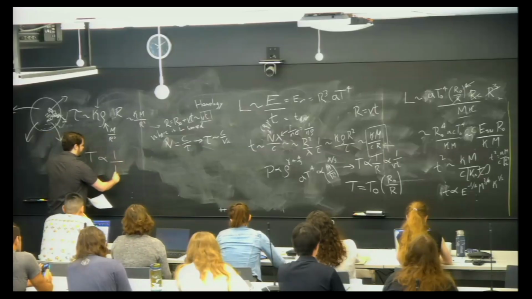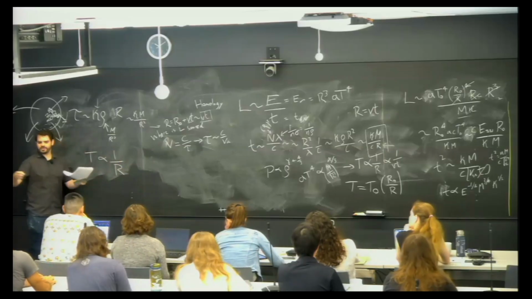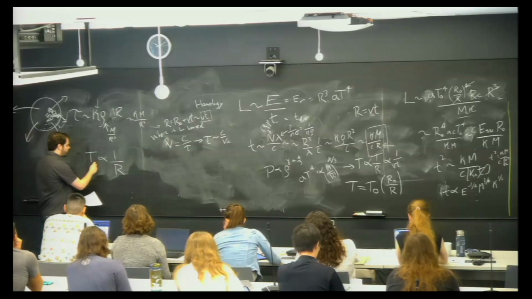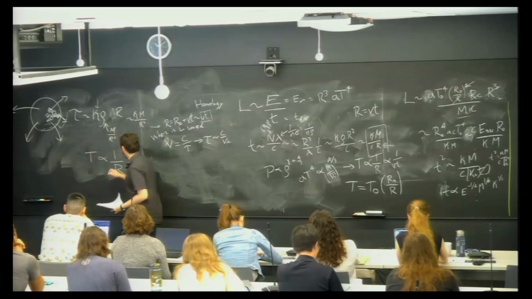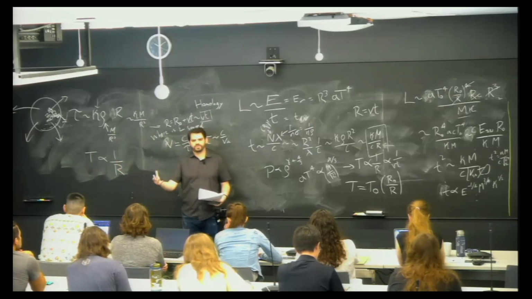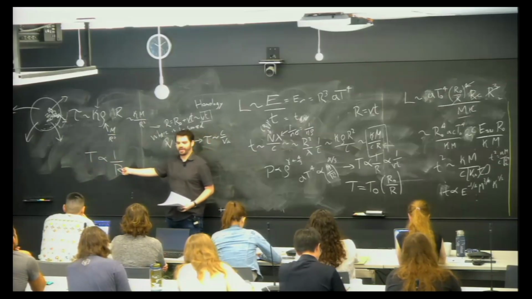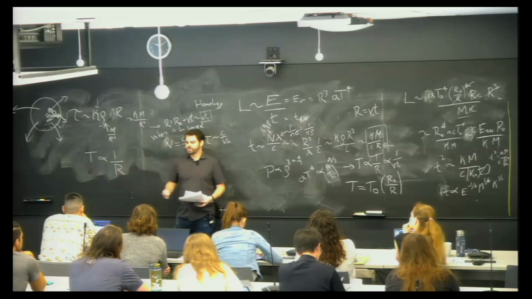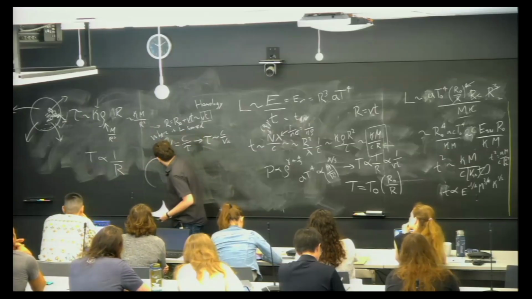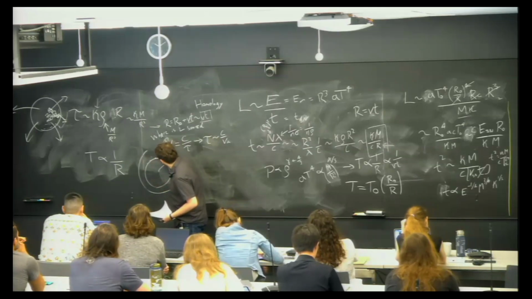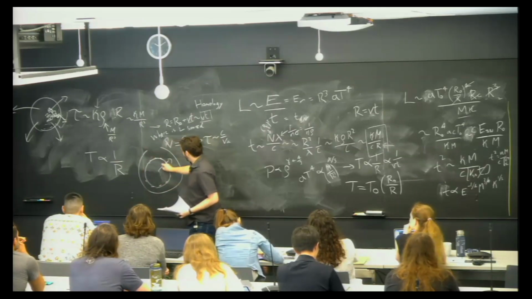Similarly, because T goes like 1 over R for this adiabatic expansion, if we end up fixing the temperature of where the photosphere is, we are similarly kind of fixing the radius of where the photosphere is. So we can imagine this expanding ejecta that is passing through some radius.